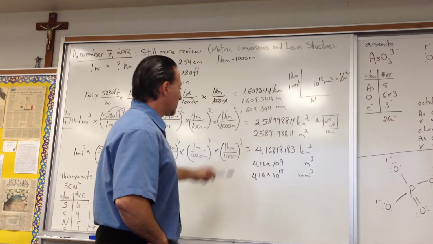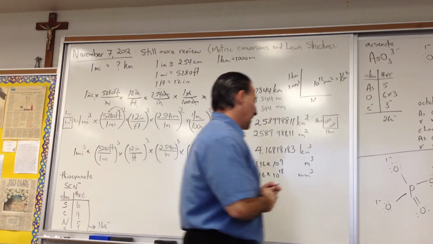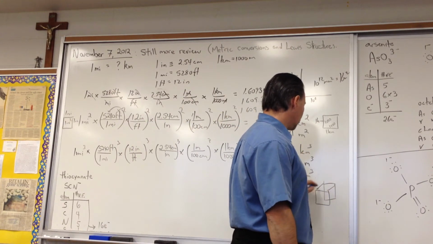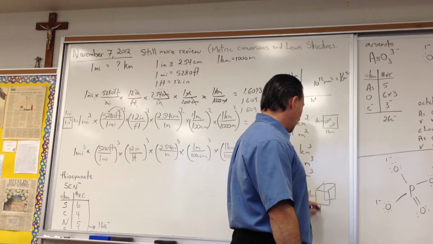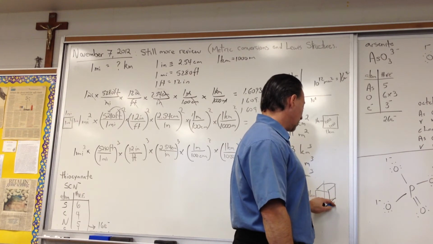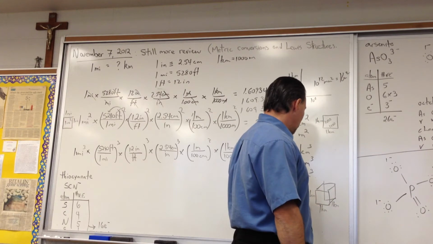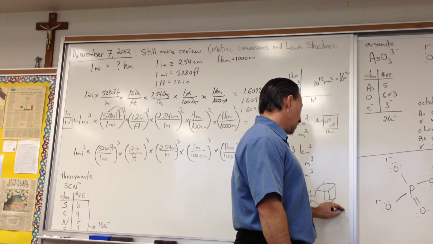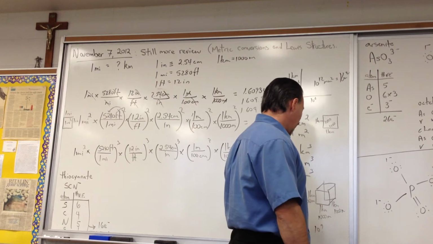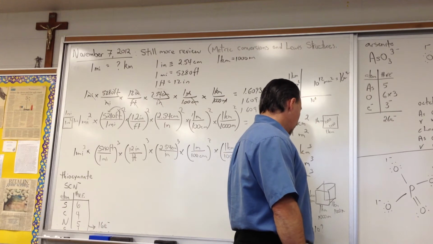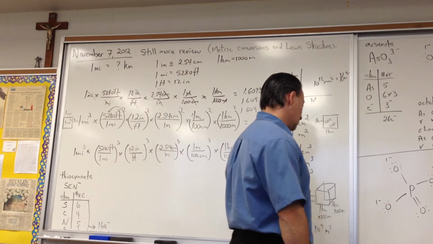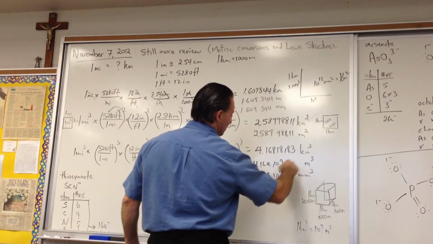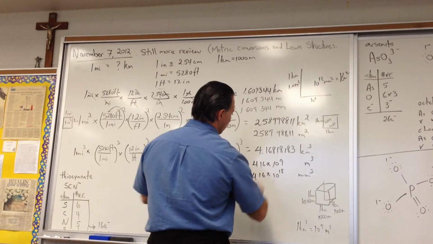If I wanted to convert this into meters cubed, I bring to mind the fact that a cube that is 1 kilometer high, 1 kilometer wide, and 1 kilometer long would also be 1,000 meters by 1,000 meters by 1,000 meters, which is 10 to the 9. So the conversion factor from 1 kilometer cubed to meters cubed is 1 billion. That's why I would move this decimal place over 9 places to give the value in meters cubed.